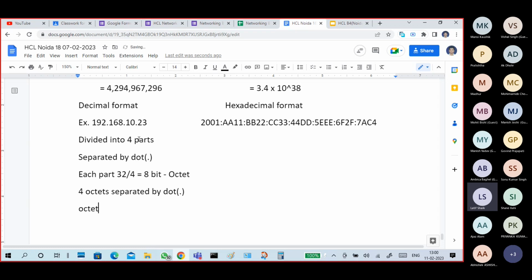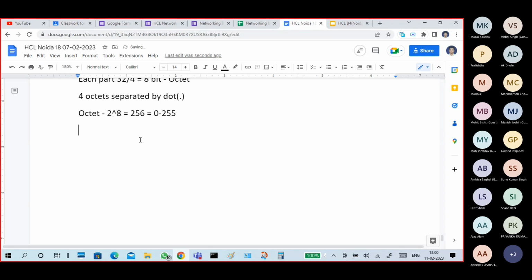Again guys, what is this octet? It's an 8-bit number. 2 to the power of 8 means 256. Meaning 0 to 255. The range of one octet is 0 to 255.